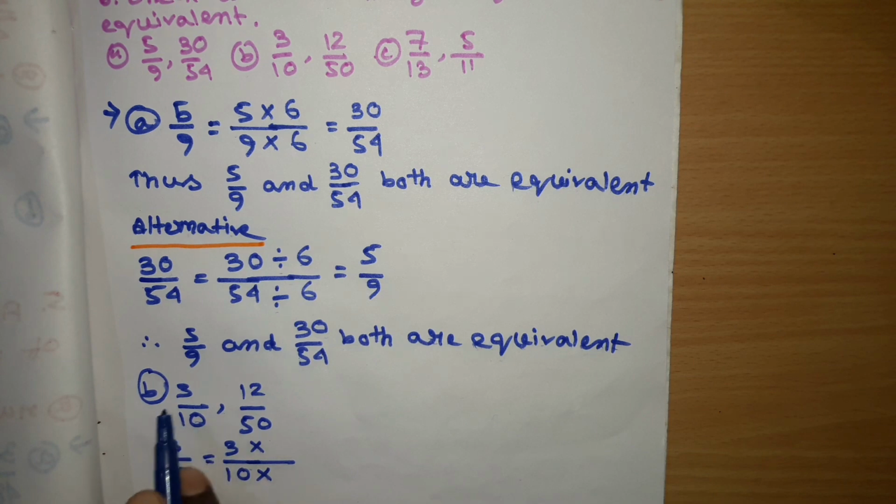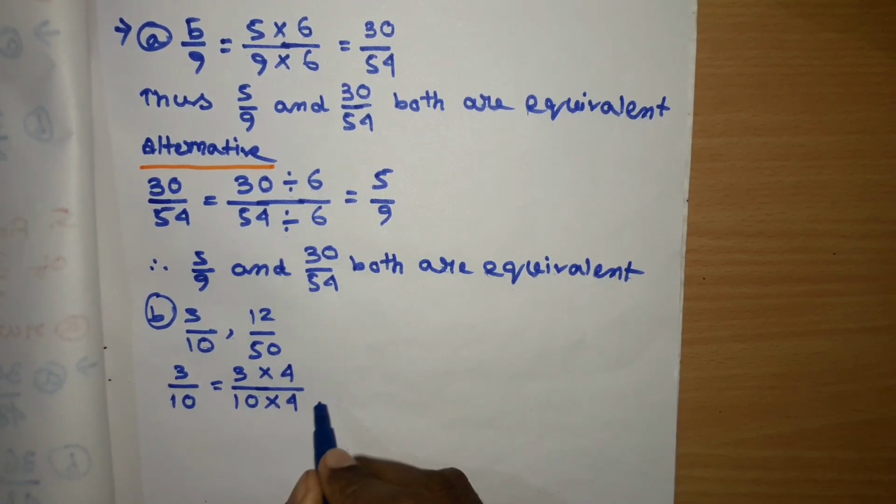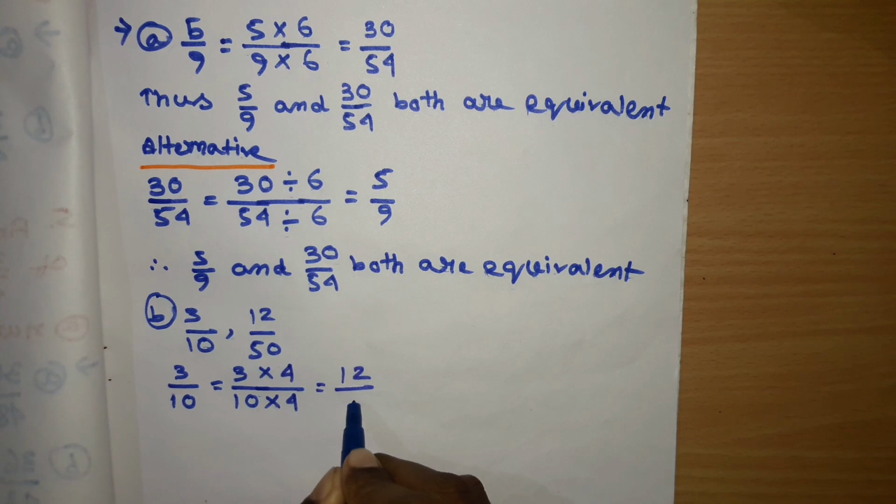Suppose here it is 12. If I want to make it 12, I have to multiply both numerator and denominator by 4. So what I'm getting is 12, and here I'm getting 40. So I'm not getting 12 by 50.